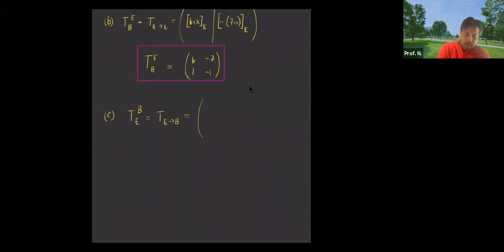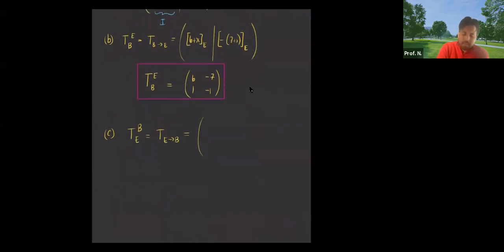So like I said, the more difficult version of this is if I do the opposite. If I find the transition matrix not from B to E, but from E to B. So now my E becomes my old basis, and my B becomes my new.